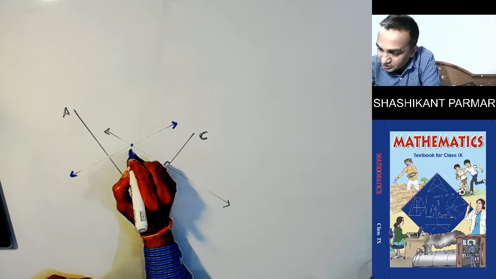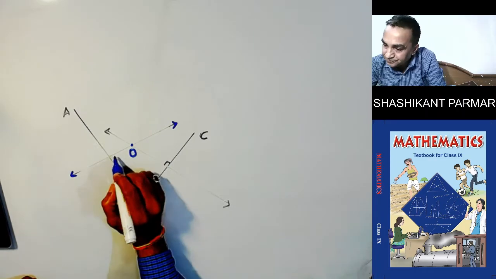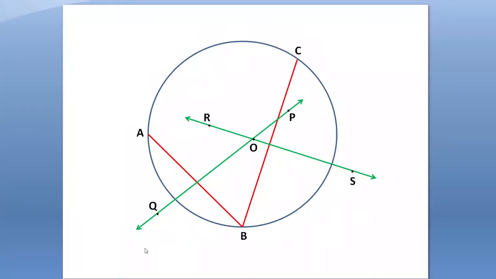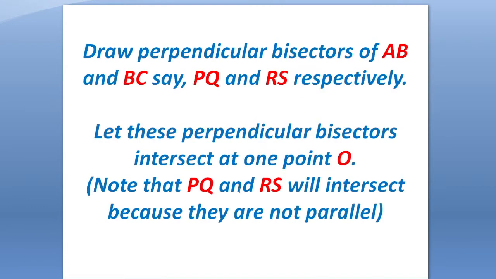So this is the center. See here, but you have to construct the perpendicular bisector as we have already studied in our chapter number 11.